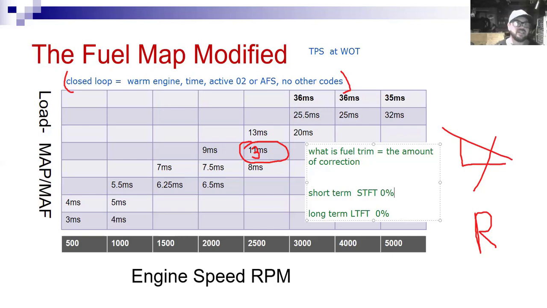But realistically, every engine's a little different. Some fuel injectors flow a little better than others. We're going to fill up with different tanks of fuel, and the fuel changes throughout the seasons and different regions. So there's all these variables in there. While ideally it should be 0%, what we really see is that plus or minus 10% is considered to be okay.